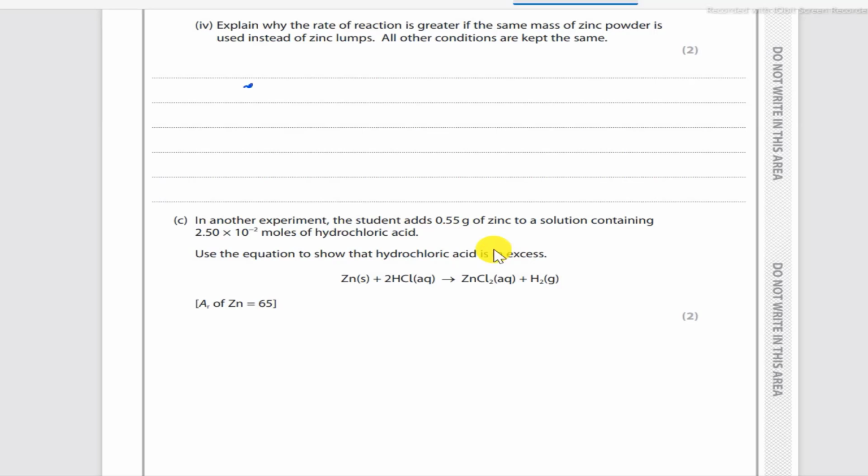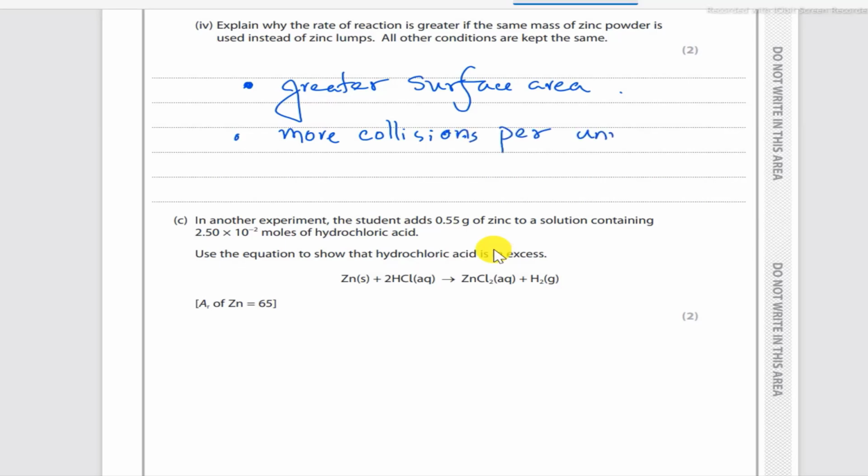Because if we use zinc powder, there is greater surface area, more collisions per unit time, or more frequent collisions.